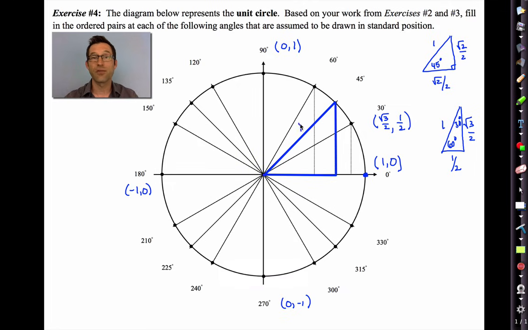It's exactly that triangle because it's got a hypotenuse of 1, which means this length must be root 2 over 2, and this length must be root 2 over 2. So the coordinate point for 45 degrees has to be root 2 over 2, comma, root 2 over 2. Okay, just the side lengths of this triangle. Think about that again, because I'm going to erase some of this stuff down here.